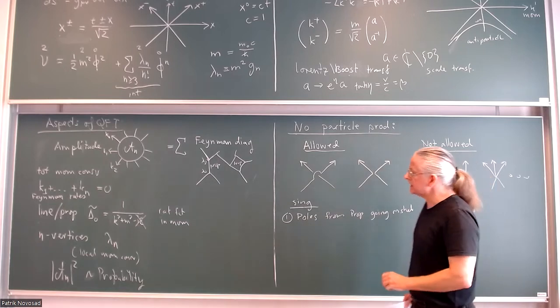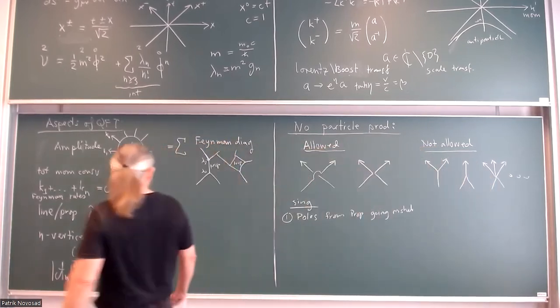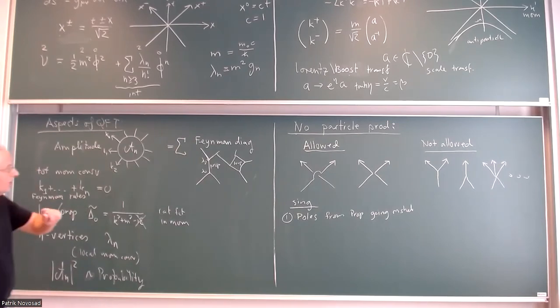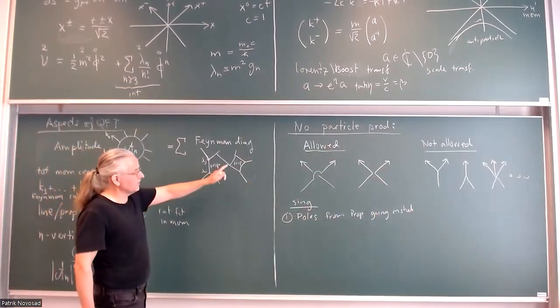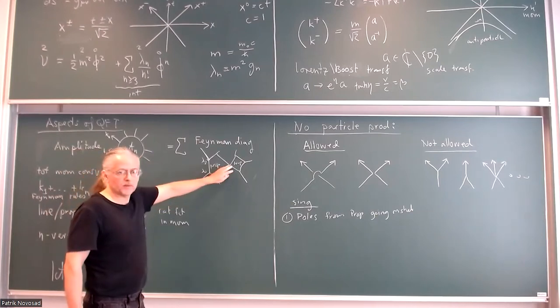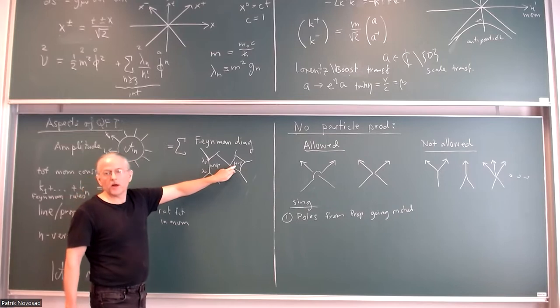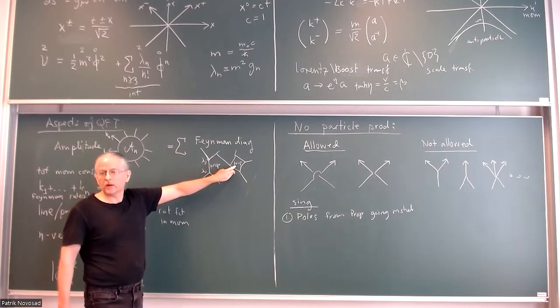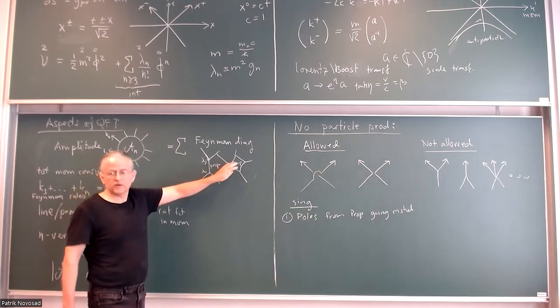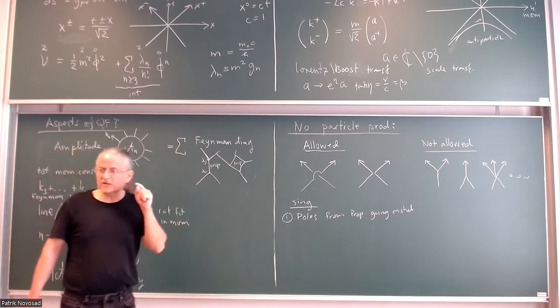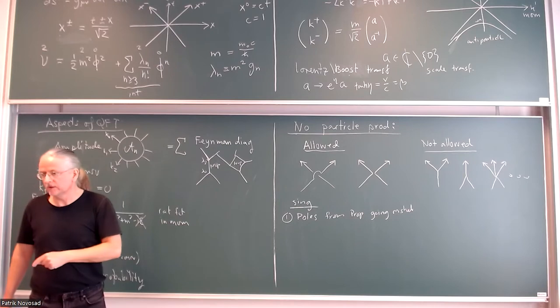Okay. Actually, I see that I skipped one thing. The first thing I should say before here is that we will not consider loop diagrams, because loop integrations are very difficult. Loop diagrams are very difficult to calculate. But we can actually argue why we don't have to do it.